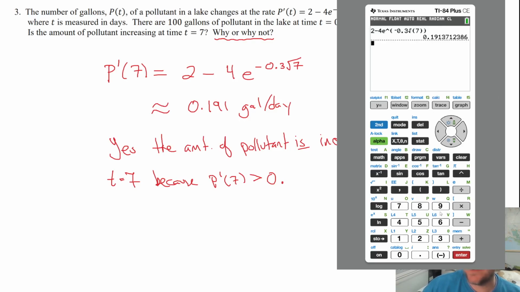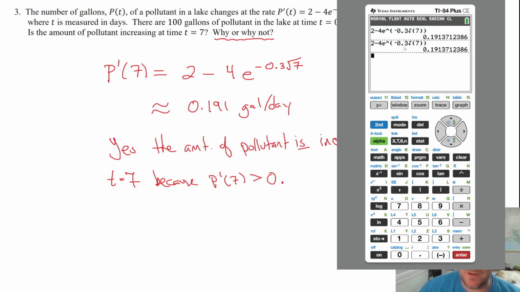So if you were typing this in, if you just typed 2 minus 4e negative 0.3 root 7, are you still going to be fine, or do you need to be more careful? It looks like it's prompting you for parentheses in all the right places. So I think even if we do this, you will still get the right answer.